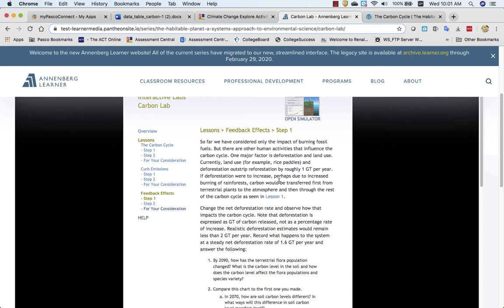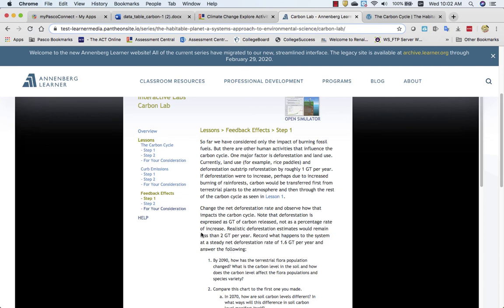If deforestation were to increase, perhaps due to increased burning of rainforest, carbon would be transferred first from terrestrial plants to the atmosphere. Change the net deforestation rate and observe how that impacts the carbon cycle. Note that deforestation is expressed as gigatons of carbon released, not as percentage rate of increase. Realistic deforestation estimates would remain less than 2 gigatons per year. Record what happens to the system at a steady net deforestation rate of 1.6 gigatons per year and answer the following.